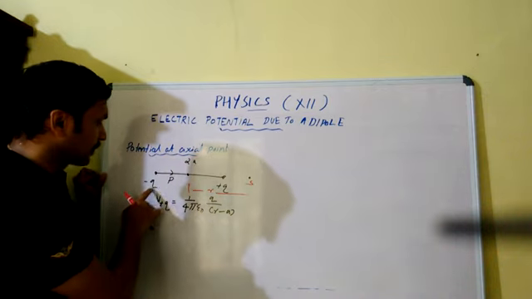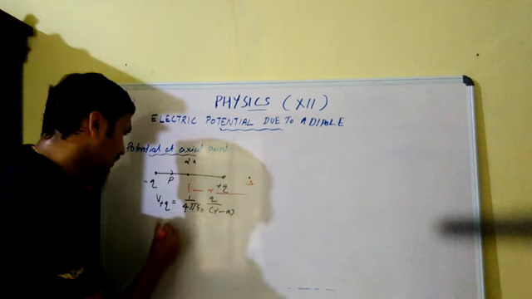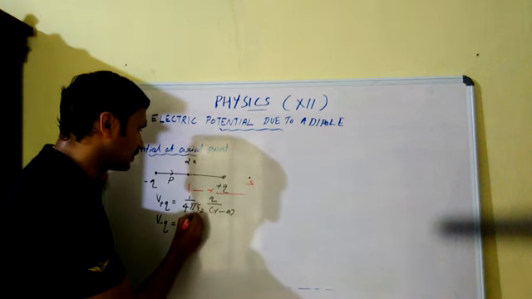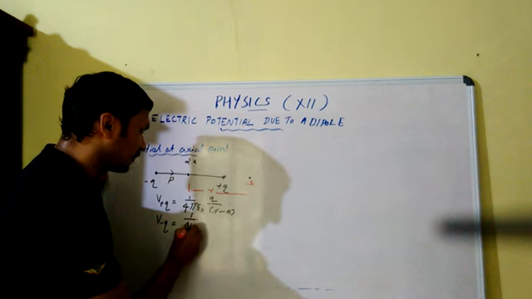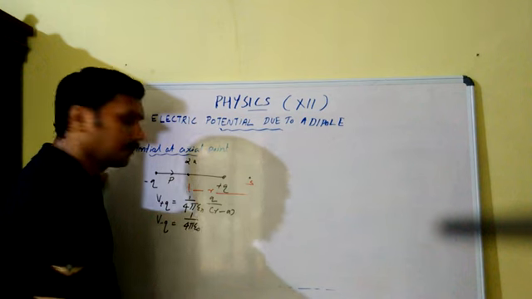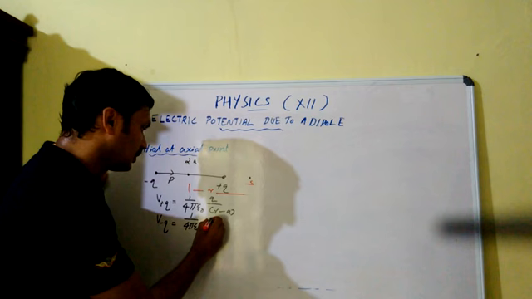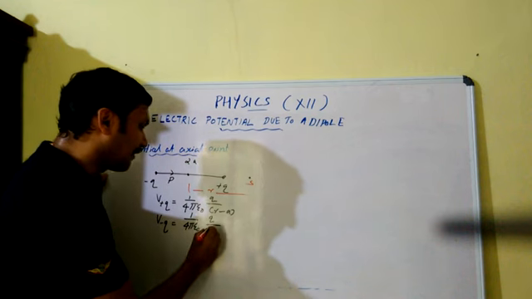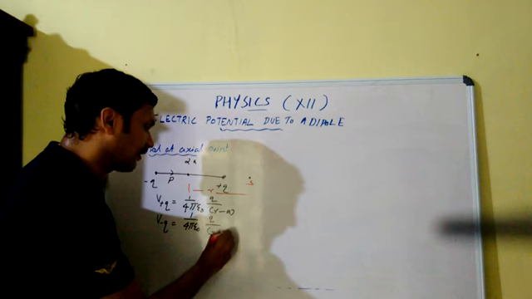Now find the potential due to the negative charge. The potential due to negative charge, V minus Q, is equal to again 1 by 4 pi epsilon 0, Q by the distance to here, which is r plus a.